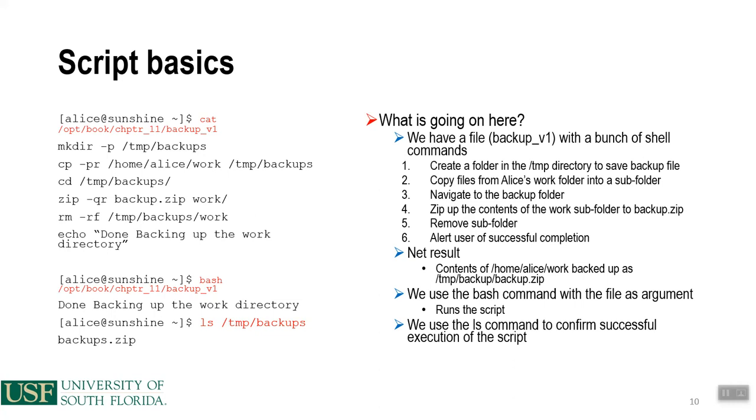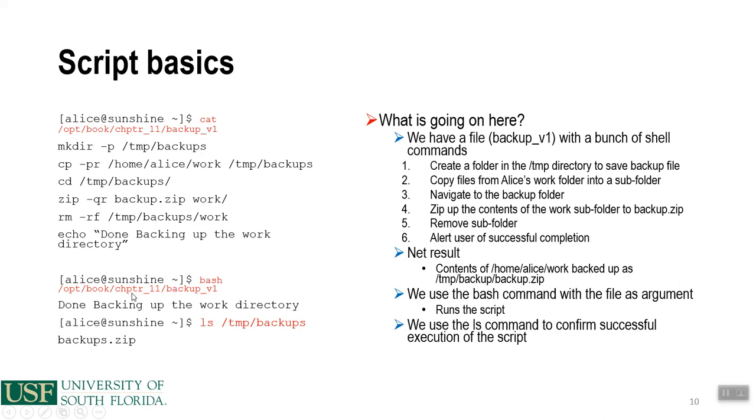So what you can do is develop this as a script, which is exactly what's happened here. And every time you want to call the script, or every time you want to back up your files, all you have to do is type in this command: bash /opt/book/chapter11/backup_v1. Really just bash and the file name, wherever the file name is located.